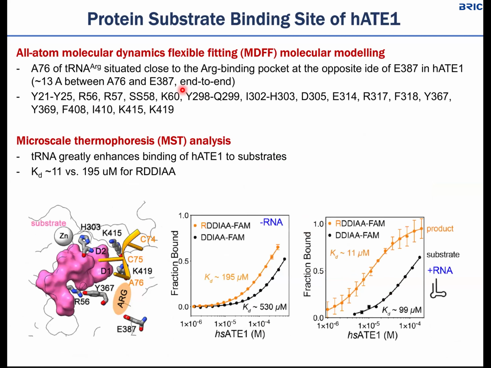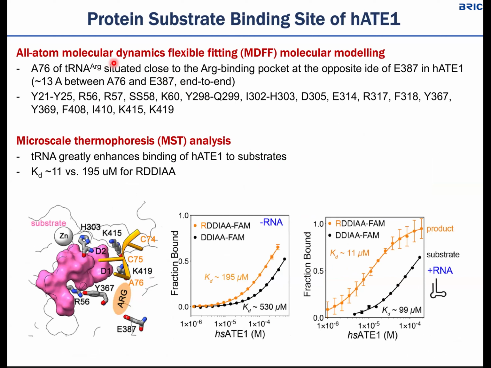And since the resolution of the cryo-EM map of the ternary complex does not allow for side chain positioning, we then integrated computational modeling to improve our prediction of the molecular interactions that are critical to AT1 function.